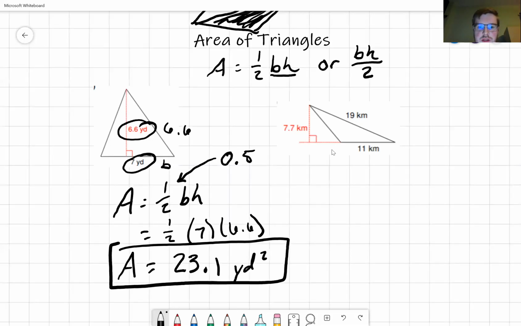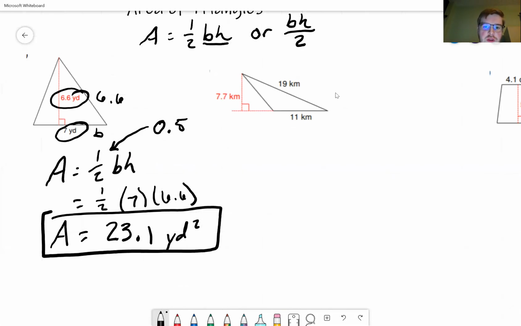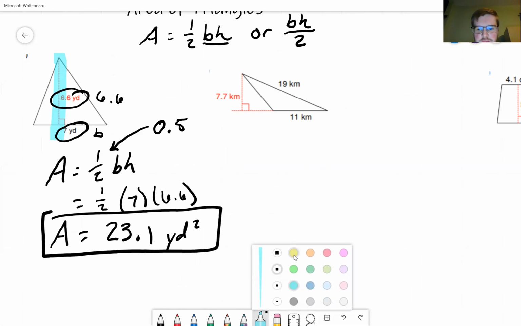Not bad, right? So I chose this second triangle here that we're looking at because you'll notice that instead of the height, like on the first one, I'll just get a highlighter here. The first one here, the height is in the middle of the triangle. It's a lot easier to identify.